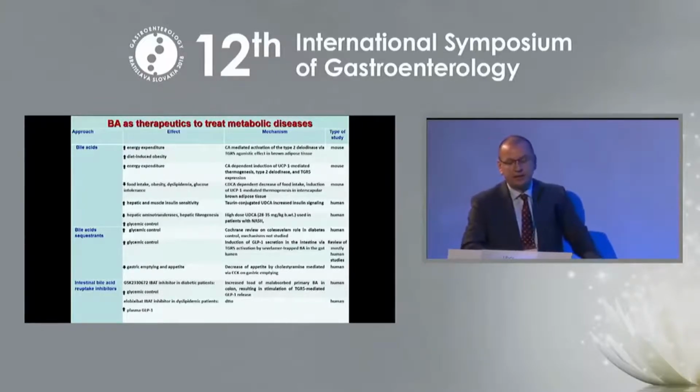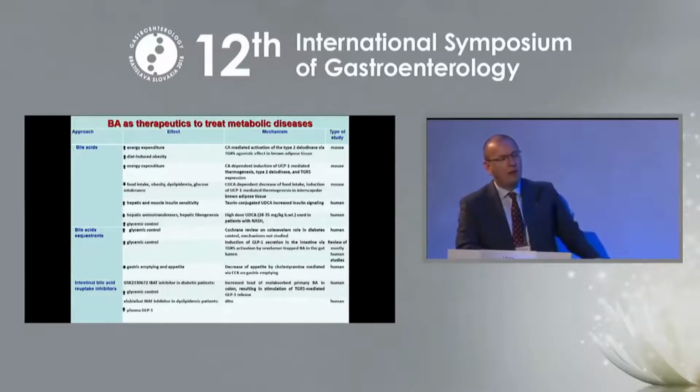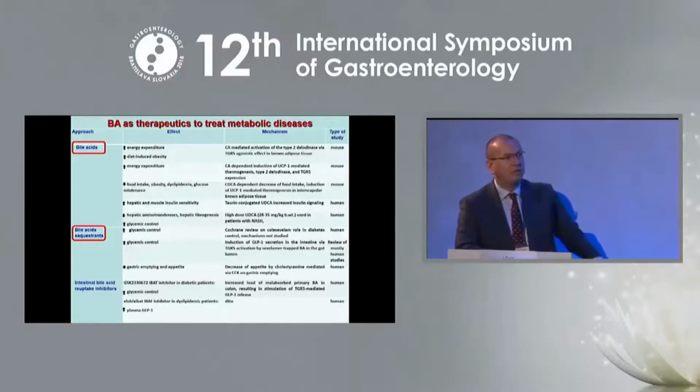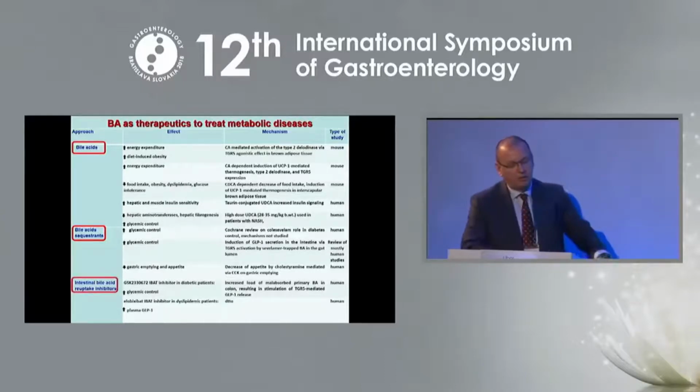And here I summarize how bile acid metabolism could be influenced using either bile acids per se or bile acid sequestrants. We know how cholestyramine can influence many metabolic parameters. We can even use more sophisticated drugs such as intestinal bile acid reuptake inhibitors.